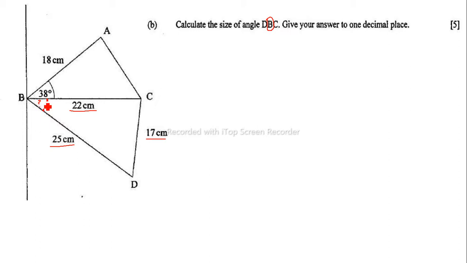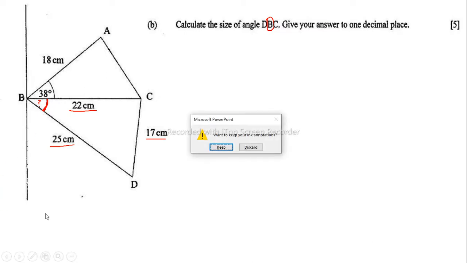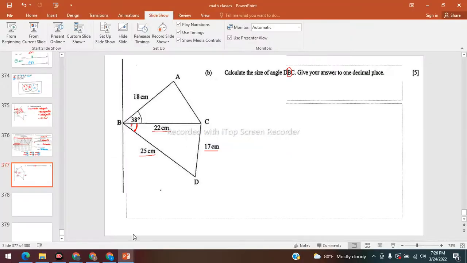For this one, we cannot use the sine rule, because for sine rule we need at least 1 angle already. So our best bet here, I would say, is cosine rule. Yeah, so we need to use cosine rule to figure this one out. Okay, so cosine rule, defining the given angle.